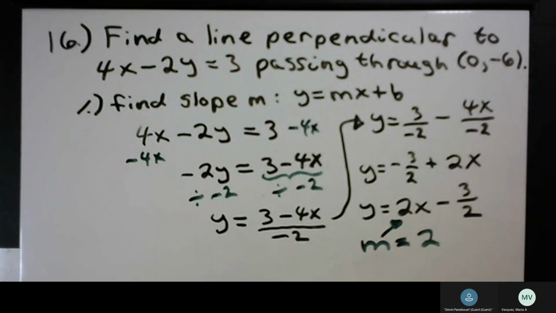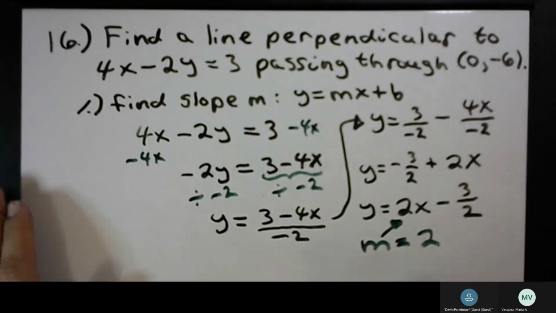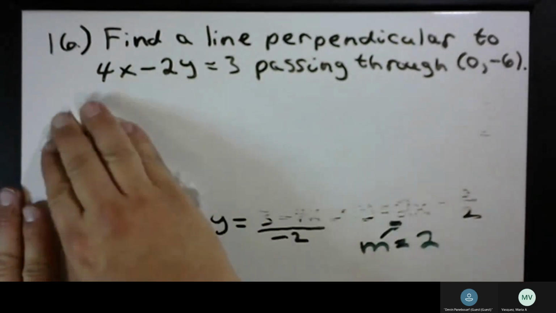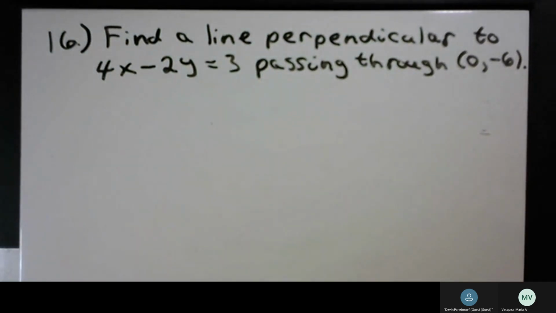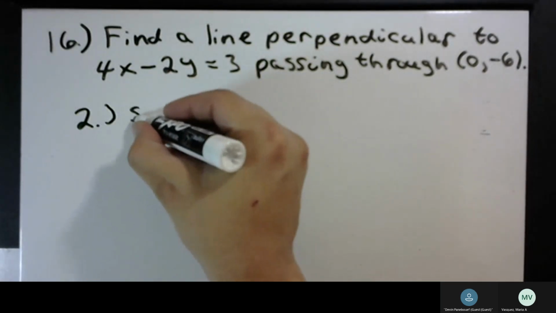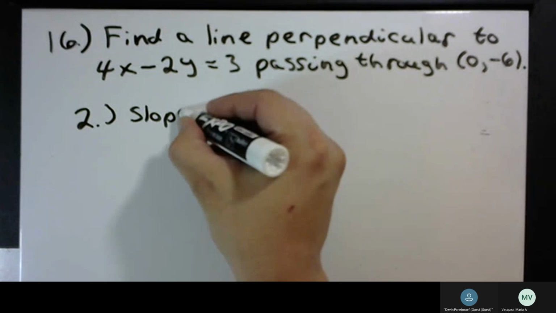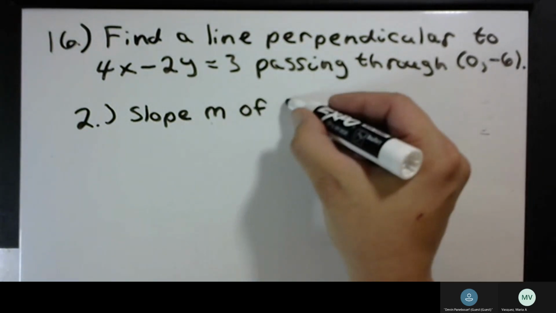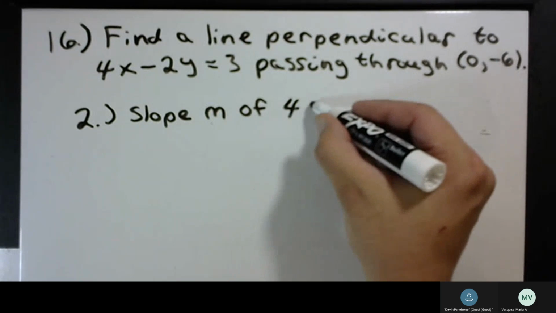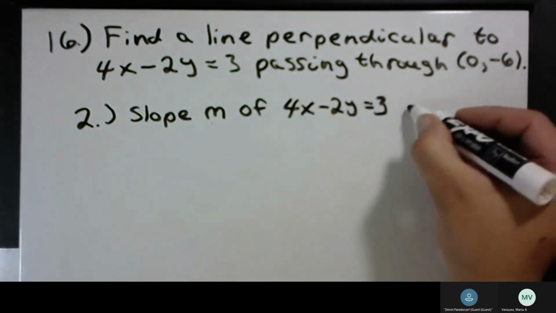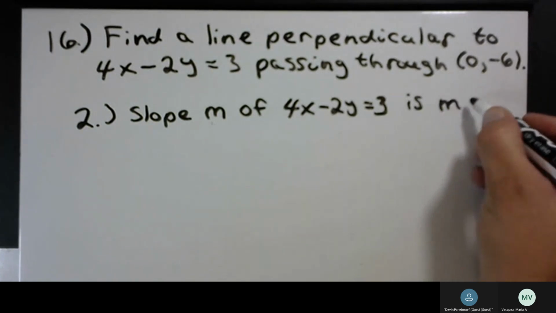So that's the first step in this question. So we found m. So the slope of this line is m equals 2.